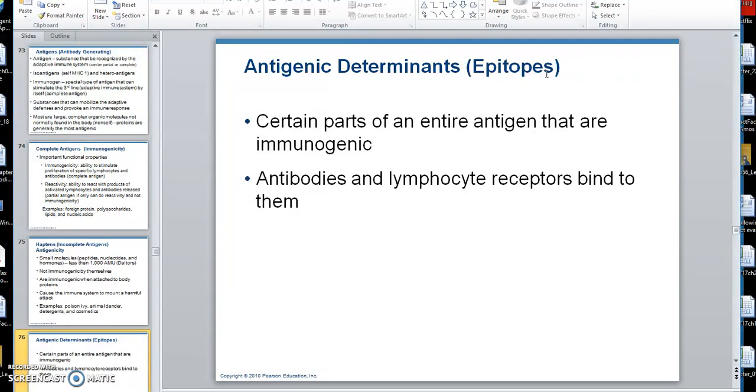The offender is really the surface that it's looking at. Now, once it sees the offender, it'll take out the whole thing. But these antigenic determinants, which are on the surface, are really the thing that the third line cells look at. All right.